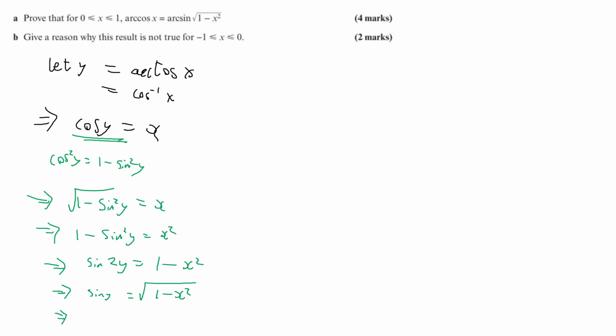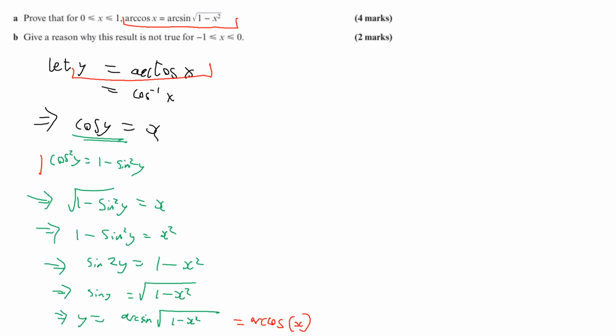And so therefore y is equal to the arc sine of the square root of 1 minus x squared. And if you remember correctly, y is equal to arc cos of x, which is exactly what we have up here.